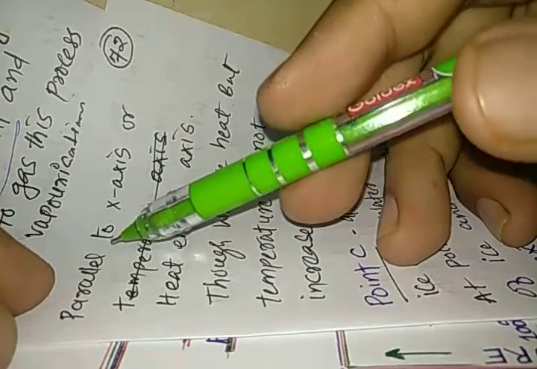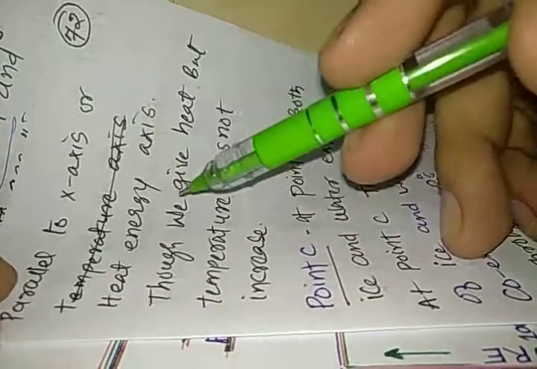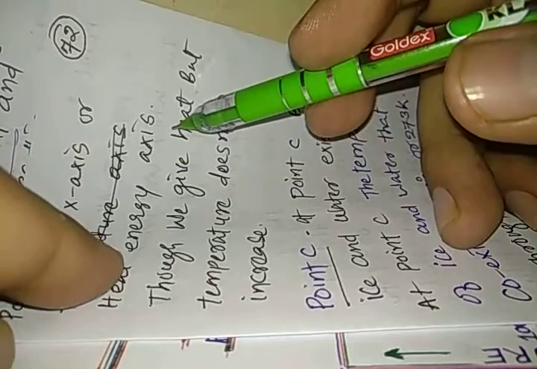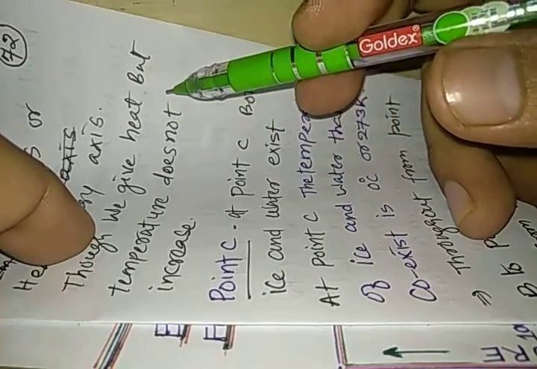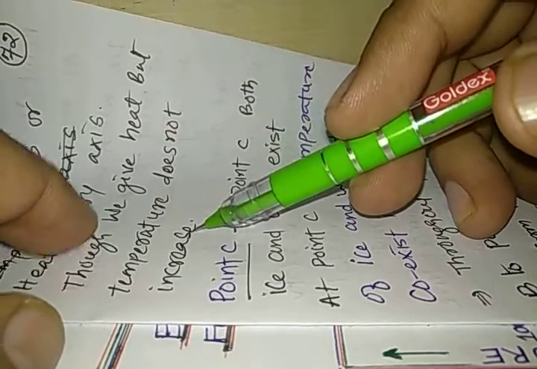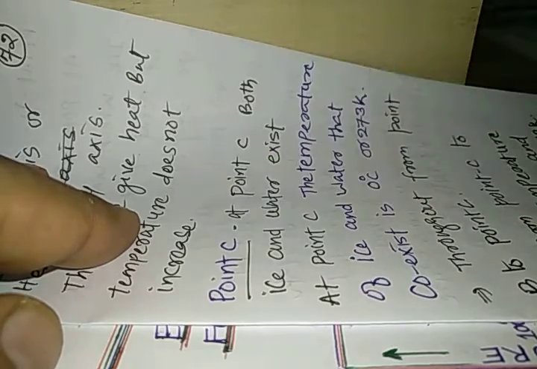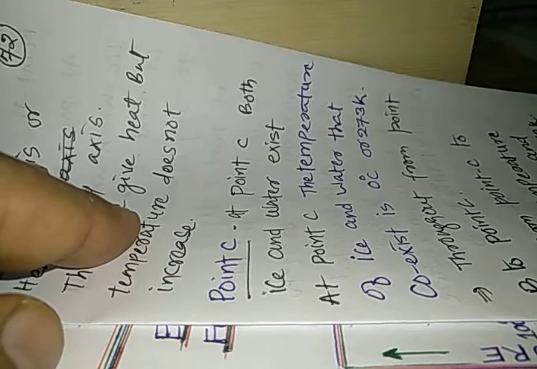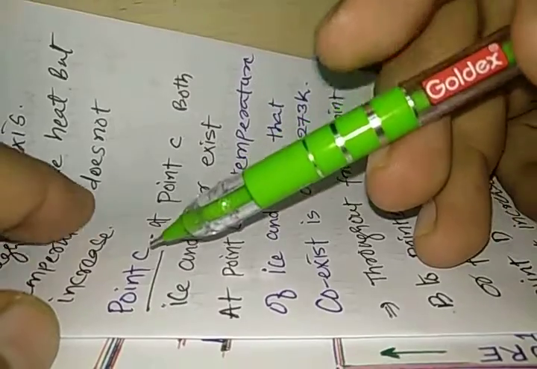What is the meaning of this horizontal graph? It means it is parallel to the x-axis, or the heat energy axis. Though we give heat, the temperature does not increase. The graph is horizontal, and even if we give heat, the temperature does not increase.